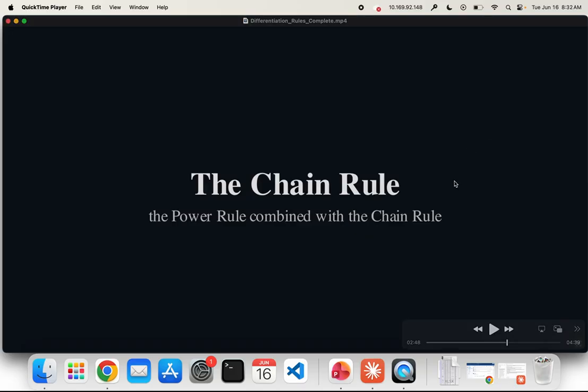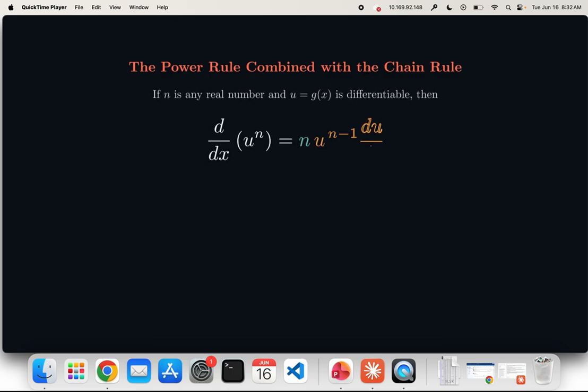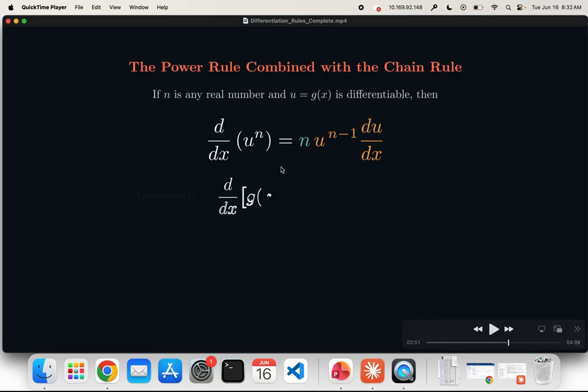So now I'm going to explain the chain rule in terms of the power rule. So you're combining the chain rule and the power rule. And this is kind of the easy way of doing it. Earlier I did the first example of the chain rule. I think this is the easy way of thinking about it. Now we have a power, the n power here, and then there's an inner function u.